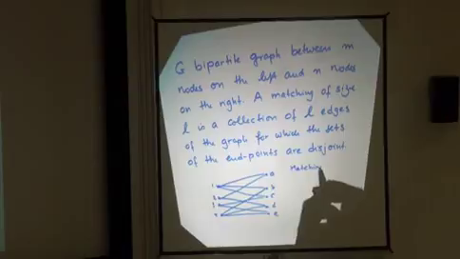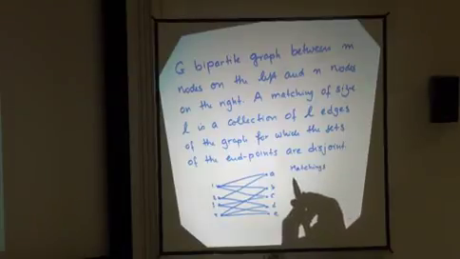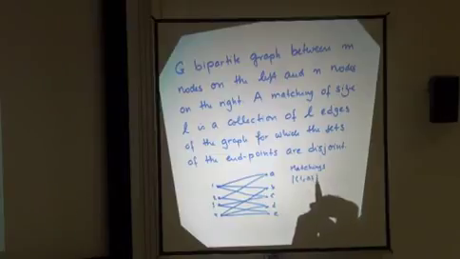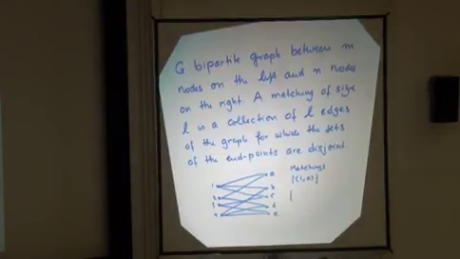So these are the matchings. So for example, here is a matching of size 1. There is only one edge. Can you give me a matching of size 2? That is two edges that have disjoint endpoints. So two edges for which the endpoints are different.